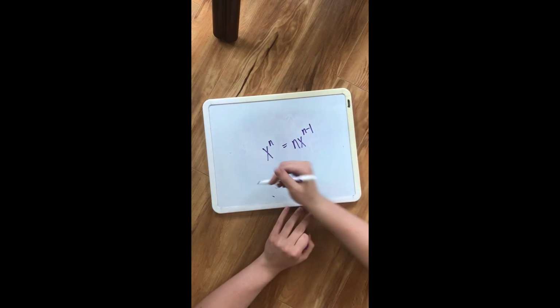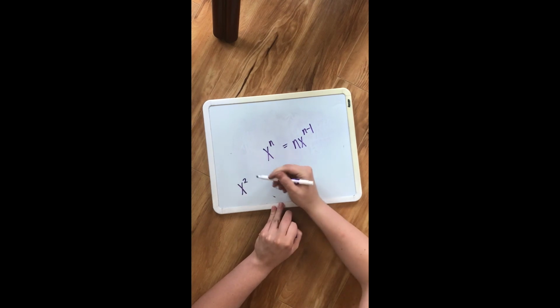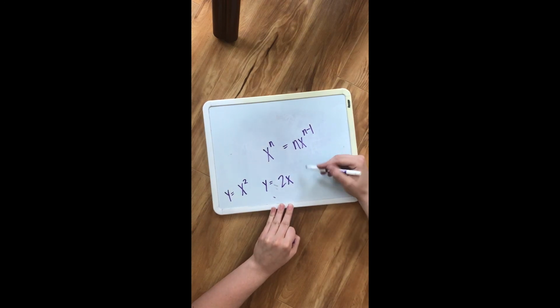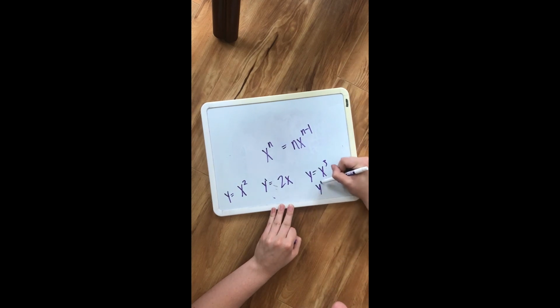For example, the derivative of x squared would be 2x. The derivative of x cubed would be 3x squared.